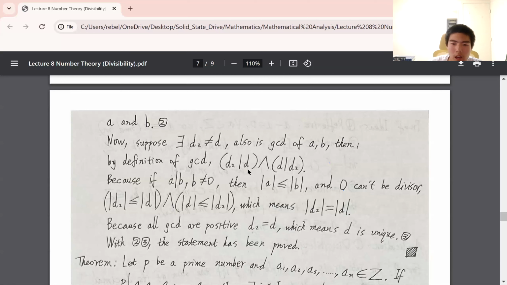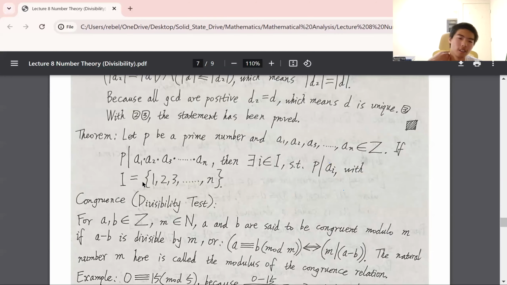And D is not equal to 0. So we found out D2 must be smaller or equal to D, and by the later part, D must be smaller or equal to D2, and we find they're both equal. And because the GCD is always a positive number, their absolute values are the same, which means they are the same. So we show the GCD is unique.